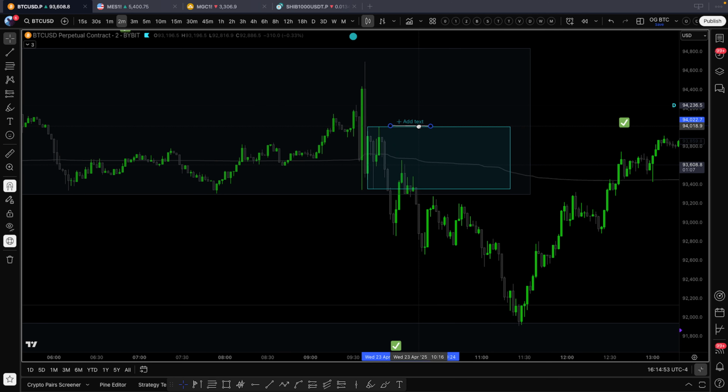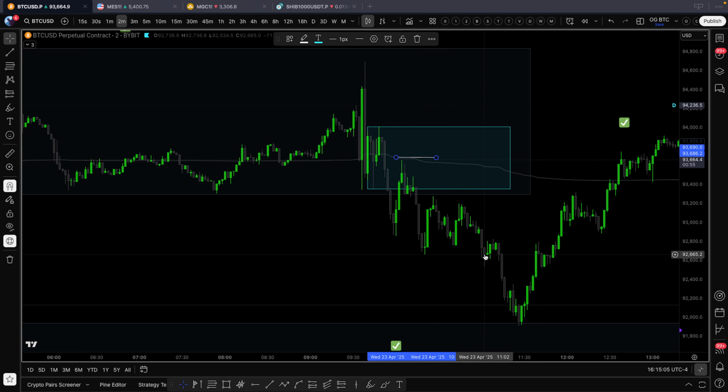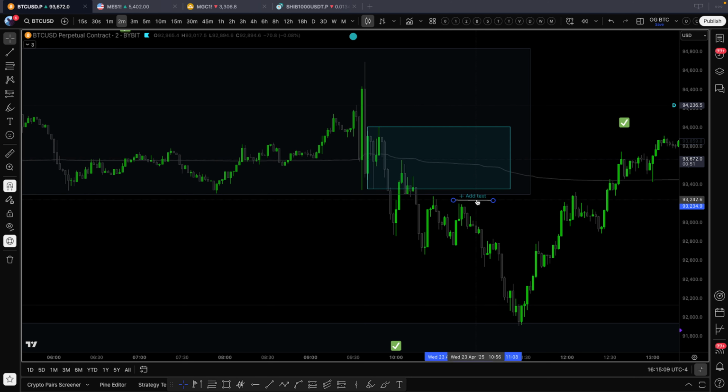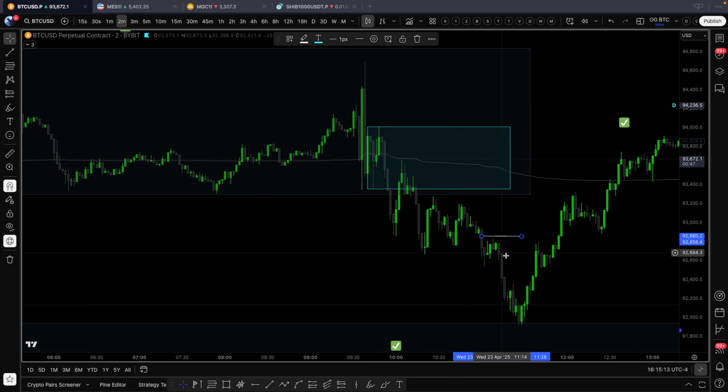So my stop loss was once here, and once this structure breaks, I would move it down to here, because I already know if it comes back up above VWAP, it's going to get bullish again. And then again, once we break structure here, I'm going to keep on trailing my stop loss down and down. So I had my stop loss trailing as I was taking profits into this level of demand. That's how I managed this trade.